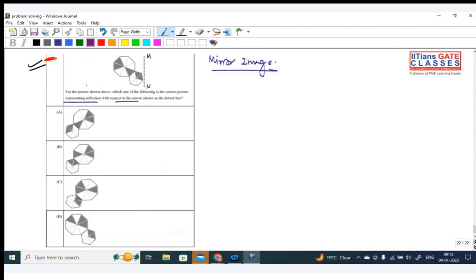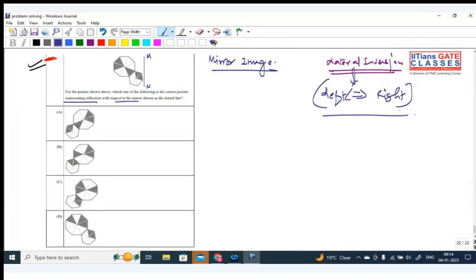If you are looking at a mirror, there will be lateral inversion. What is the meaning of lateral inversion? Left becomes right, and right becomes left. That's it, nothing else happens.